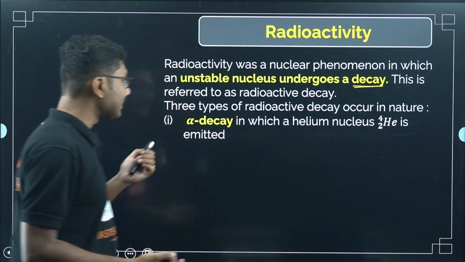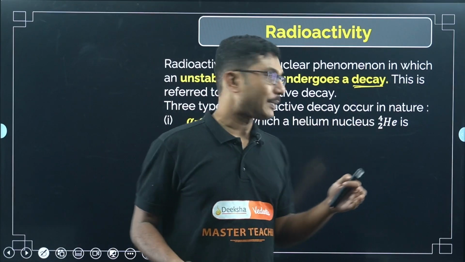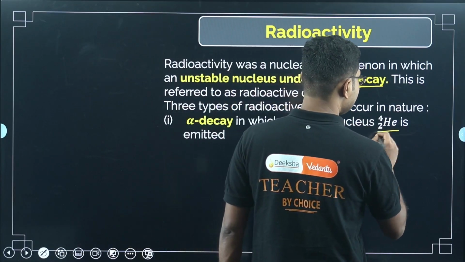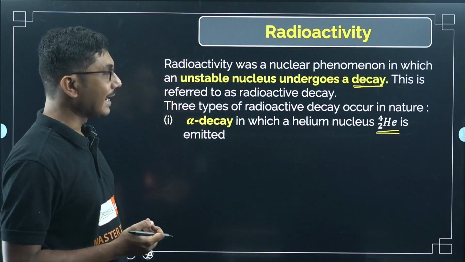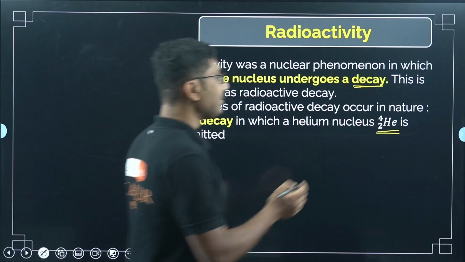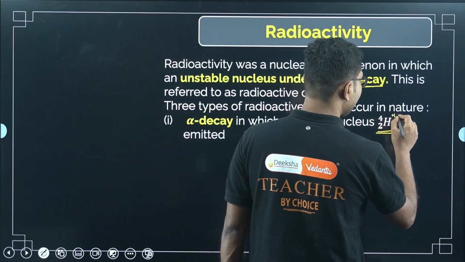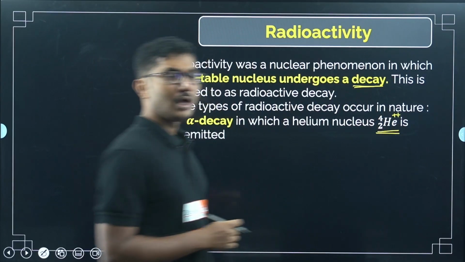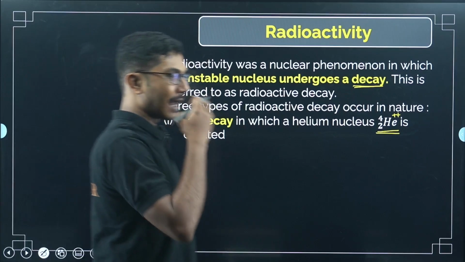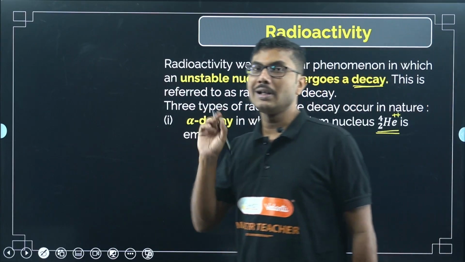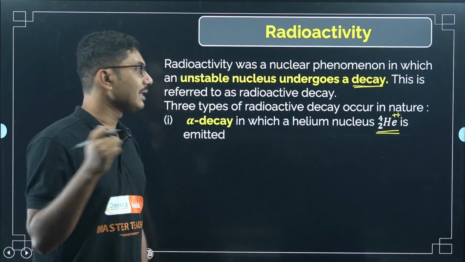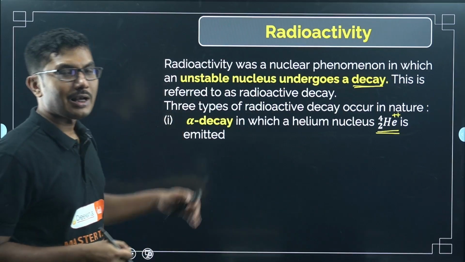So once alpha decay is happening, that means helium nuclei, 24He, are being released. Helium nucleus means it has to be doubly positive, because helium has 2 electrons. Nucleus means those 2 electrons are taken out, only the nucleus is coming out of the material, and that is why it is called alpha decay.